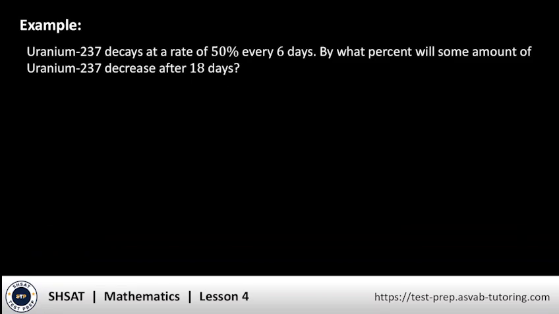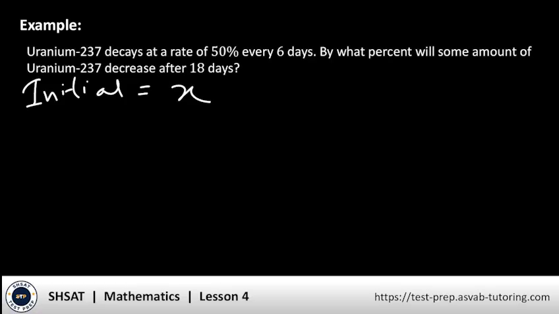Okay, uranium-237 decays at a rate of 50% every 6 days. By what percent will some amount of uranium-237 decrease after 18 days? So let's say the initial amount of uranium is X. After 6 days, what is the amount now?